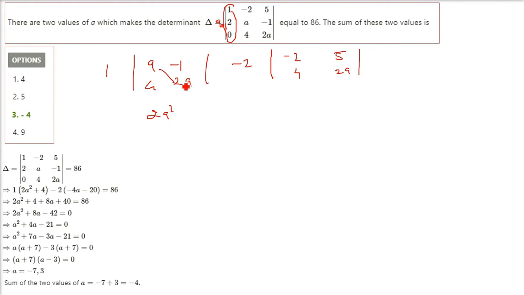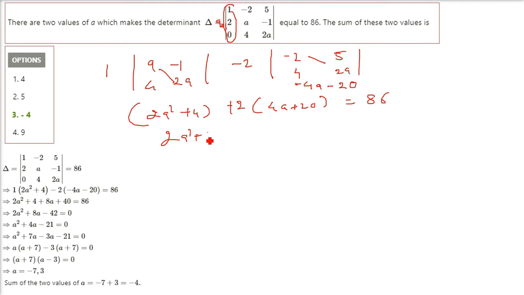It will be 2a squared, plus 4, minus 2, you get minus, so you get minus 4a minus 5 times 4, which is 20. Since minus is already there, I take minus outside and make it plus 4a plus 20, and this is going to be equal to 86. So 2a squared plus 4a plus 4a is 8a, plus 40 equals 86.